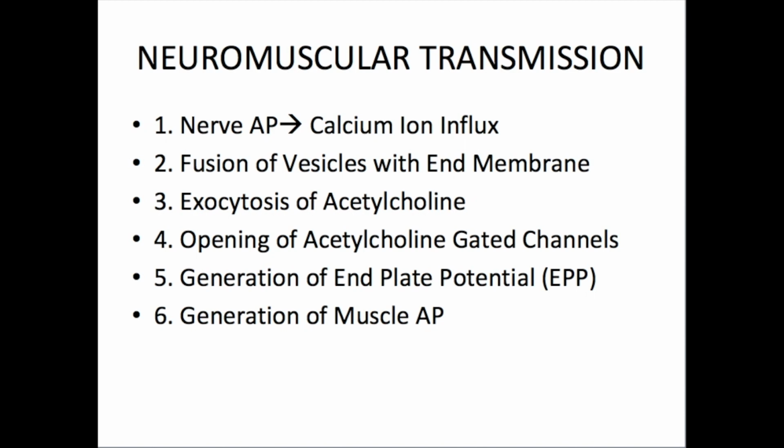So, what is your second step? That is the release of acetylcholine, in which the vesicles in the synaptic terminal fuse with the neuronal membrane and dump their contents into the synaptic cleft.